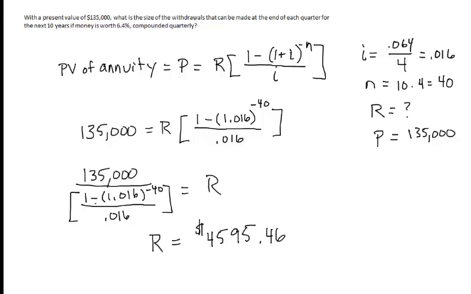So that means every quarter we can withdraw $4,595.46 if the present value is $135,000, and we can do that for 10 years.